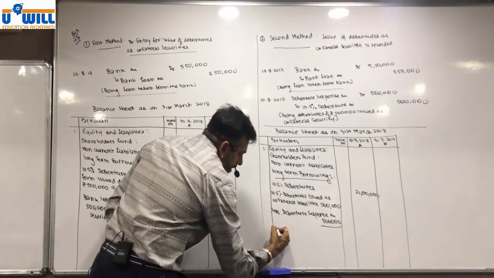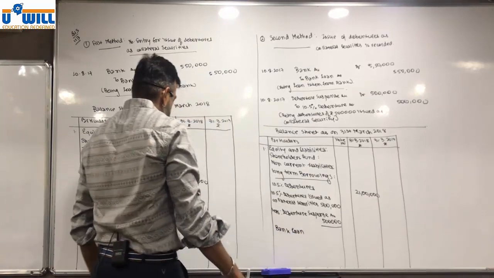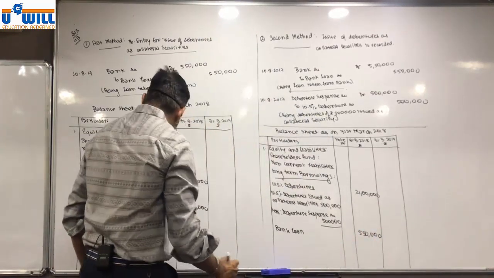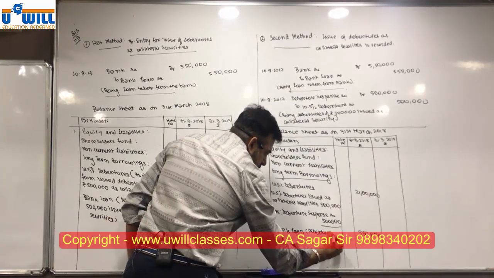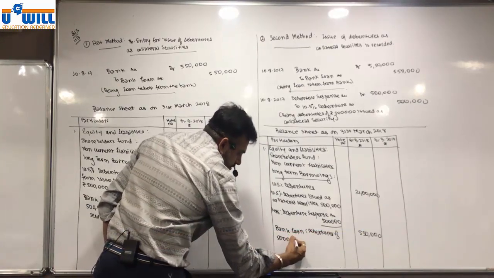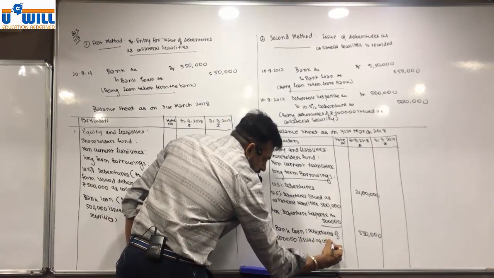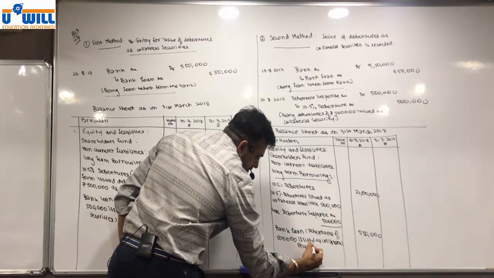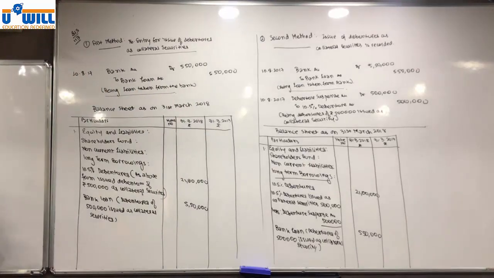And then bank loan. Bank loan is 5,50,000. Debentures of 5 lakh issued as collateral security. That's it.